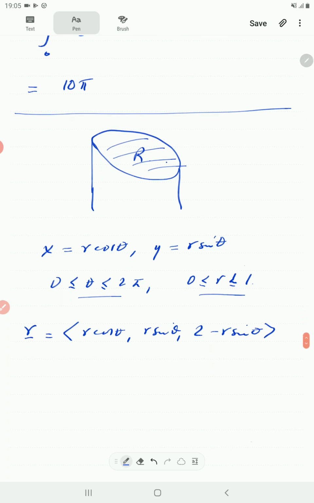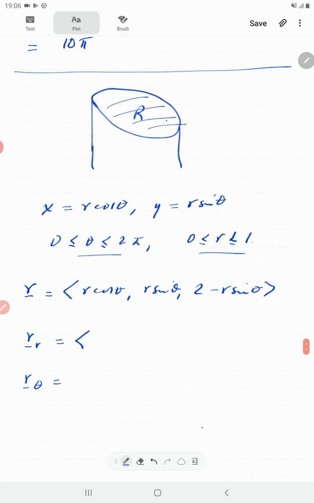So because this is a surface, we have got a 2-parameter equation here. The parameters are r and theta. So as done before, we're going to do r_r and r_theta, then we do the cross product.